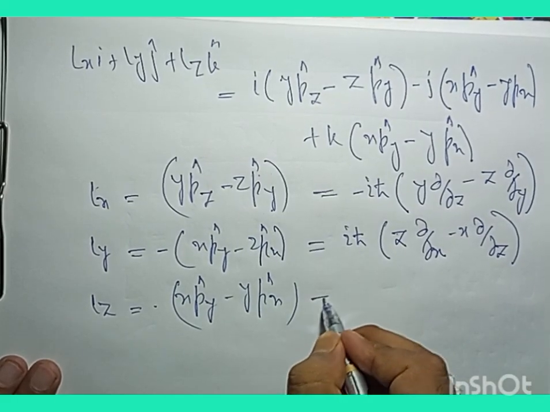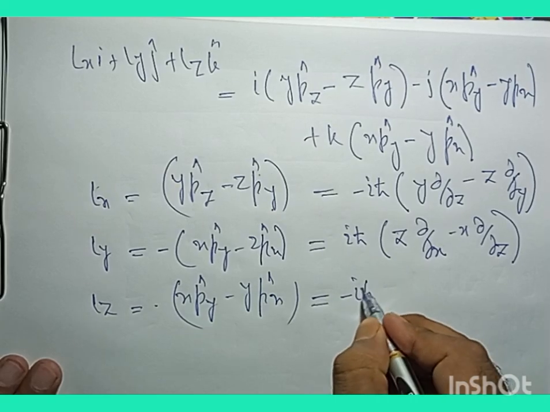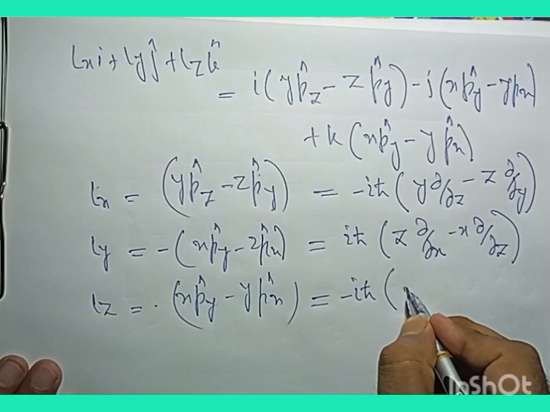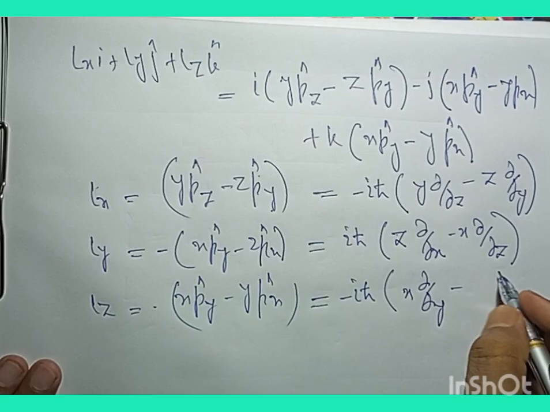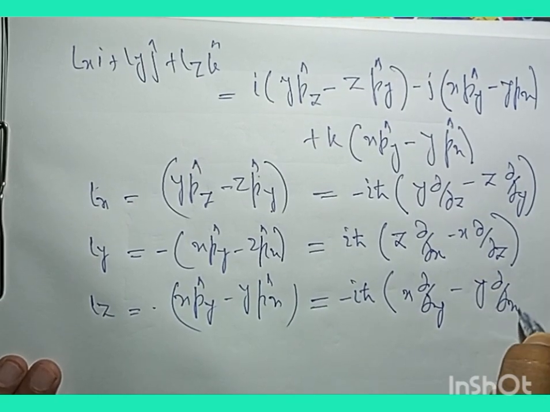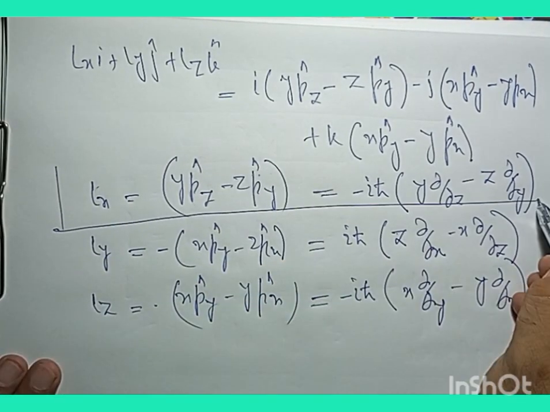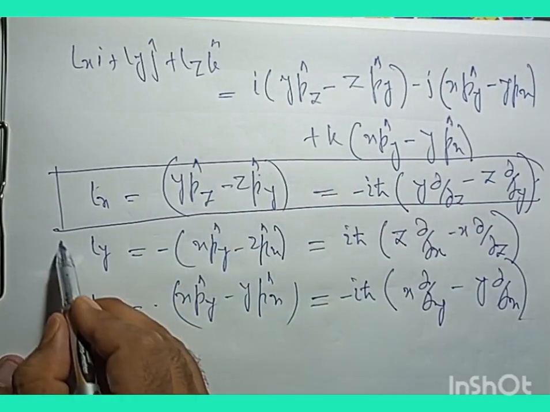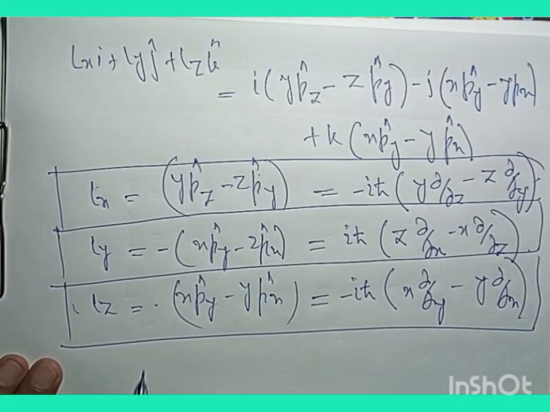And for the z component we will have minus iħ times (x ∂/∂y minus y ∂/∂x). So these are our components of orbital angular momentum: Lx, this is Ly, and this is Lz.